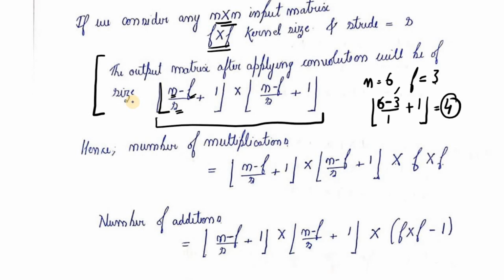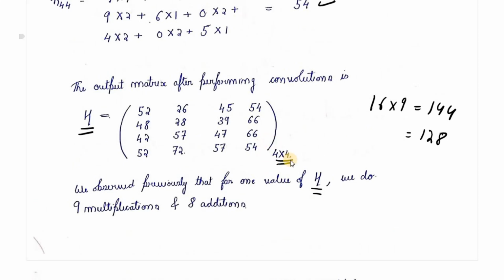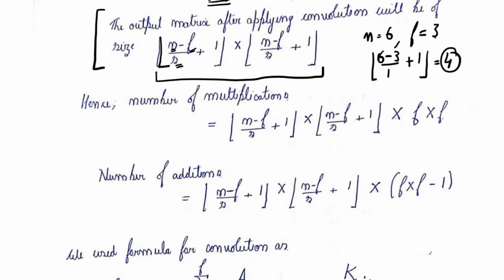Now if I consider the number of multiplications which is supposed to happen in the example which we were discussing, the number of multiplications was 4 cross 4 into 9, right? Why is 4 cross 4 coming over here? Because that's the size of the output image, which in our case is going to be this.